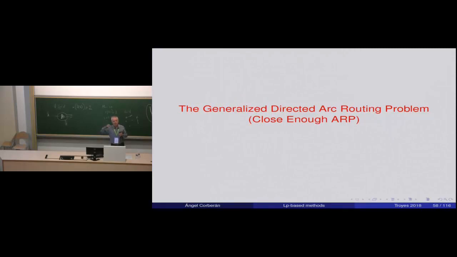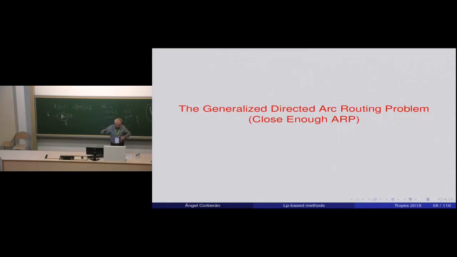And the best methods for routing problems and node routing problems with several vehicles are the combination of both in what is called branch, cut, and price, or branch, price, and cut, or whatever. You can permute all the things. Okay, that's to break a little bit on this kind of problem.